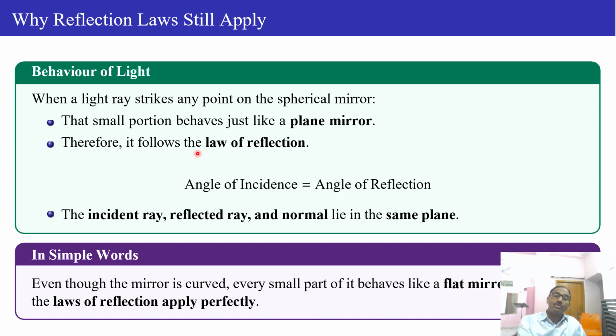Therefore, it follows the law of reflection. So, angle of incidence is equal to angle of reflection. The incident ray, reflected ray and normal, all three, lie in the same plane. In simple words, even though the mirror is curved, every small part of it behaves like a flat mirror. The laws of reflection apply perfectly.